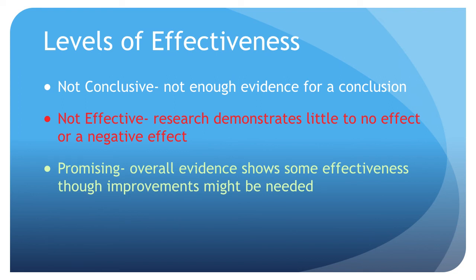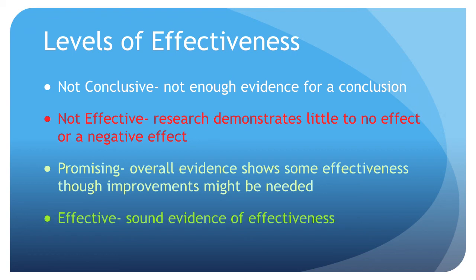On the other hand, and what we really want to look for if we're using the NREPP list, the science might demonstrate that the program or practice is either promising, which means there is some evidence that it works, or effective, which means that the evidence is very strong that it works.